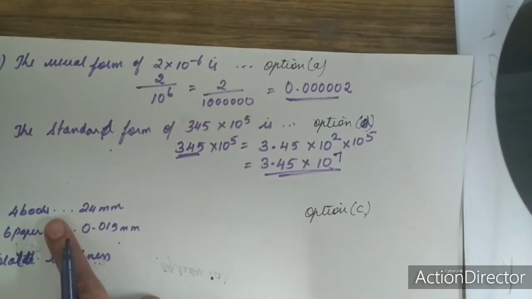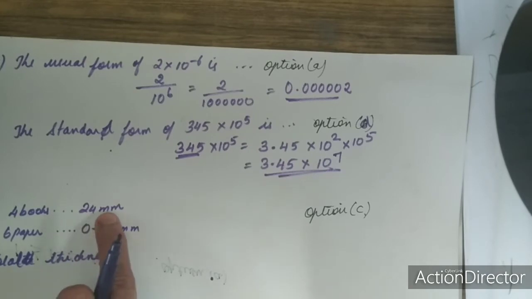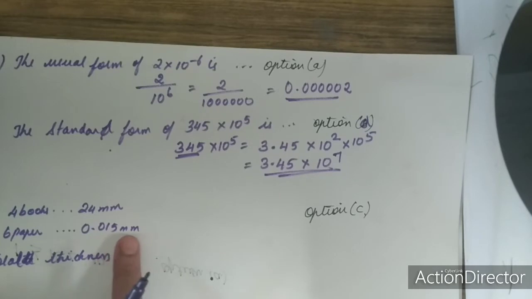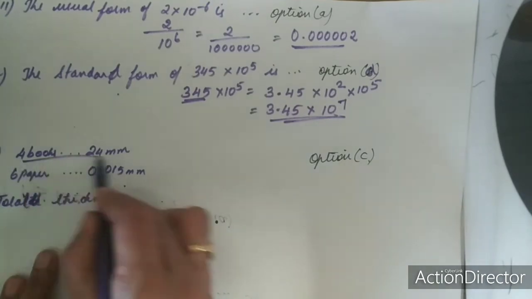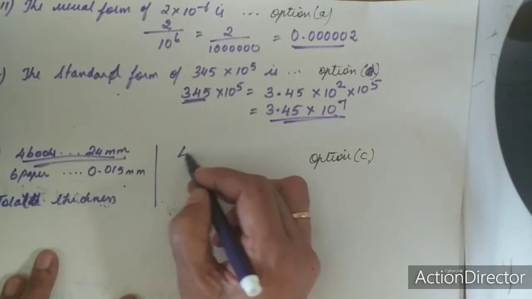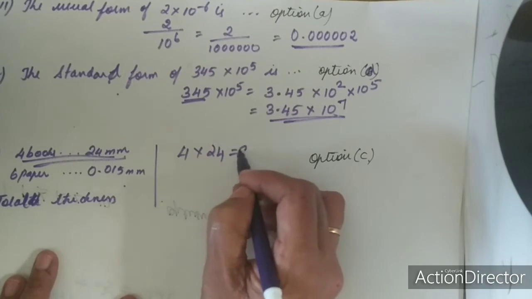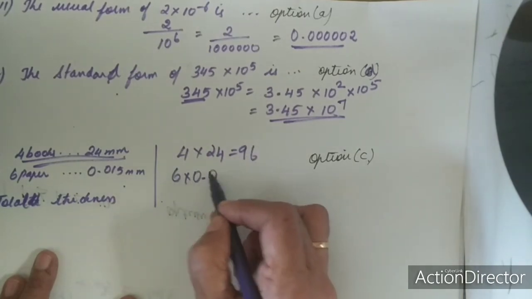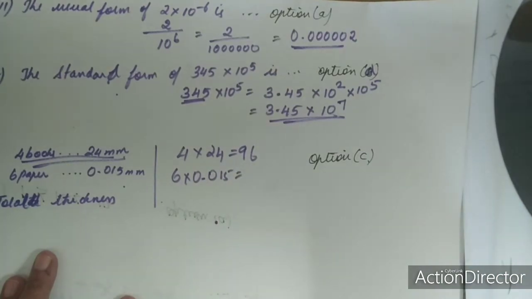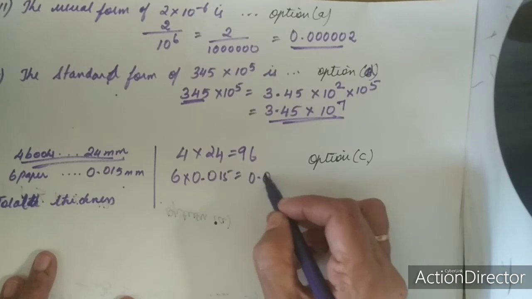It is given in a stack there are 4 books of thickness 24 millimeter and 6 paper sheets of thickness 0.015 millimeter. You have to find the total thickness. So to find the total thickness, first I have to multiply these numbers. So 4 into 24 will give me 96, and 6 into 0.015 will give me 0.090.